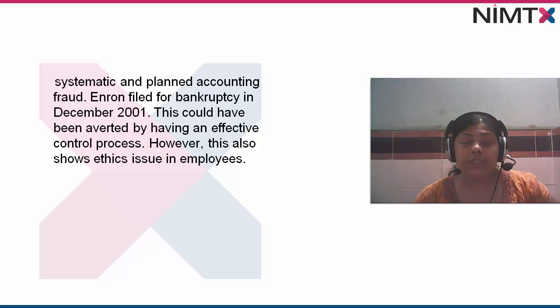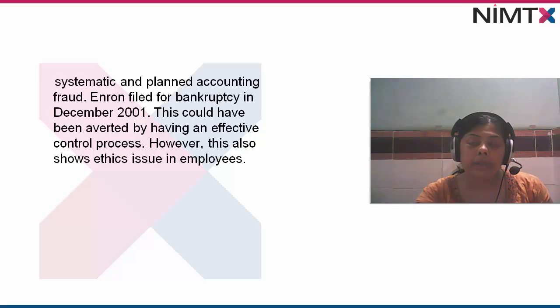Enron filed for bankruptcy in December 2001. So this could have been averted by having an effective control process. However, this also shows an ethics issue in employees.